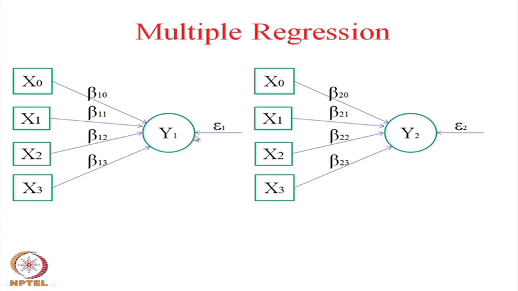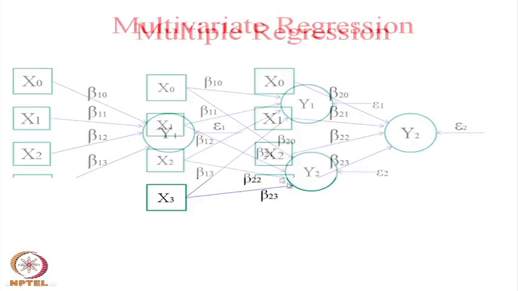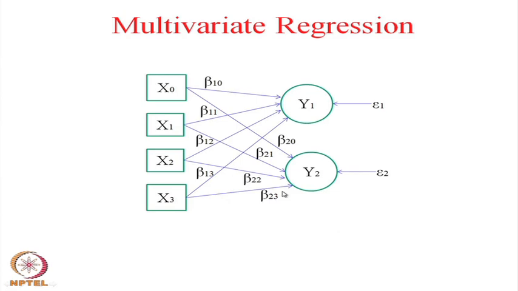When there are more than one dependent variable, we have seen that multivariate regression is preferable. Now, the question comes: if the independent variables are also correlated, or if there is even a causal relationship between y1 and y2, what will happen?